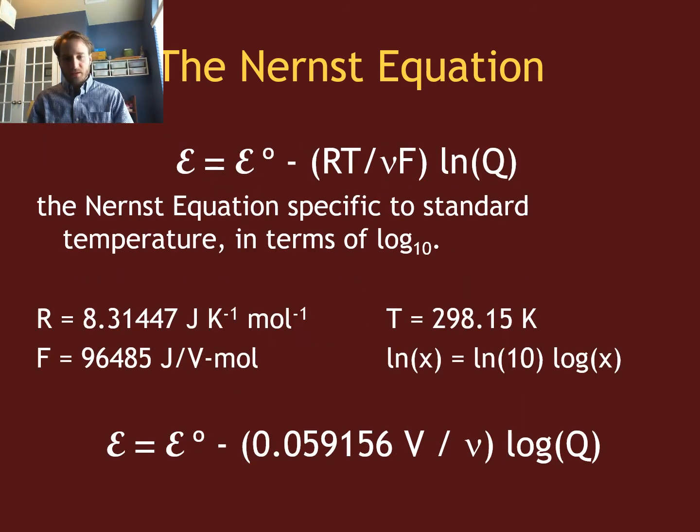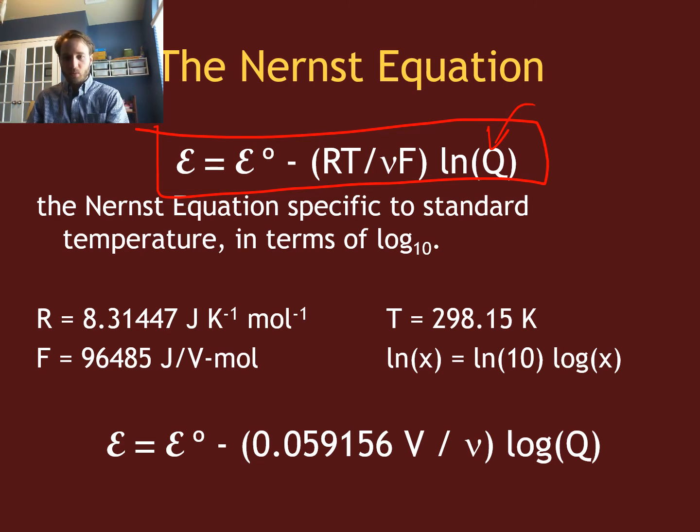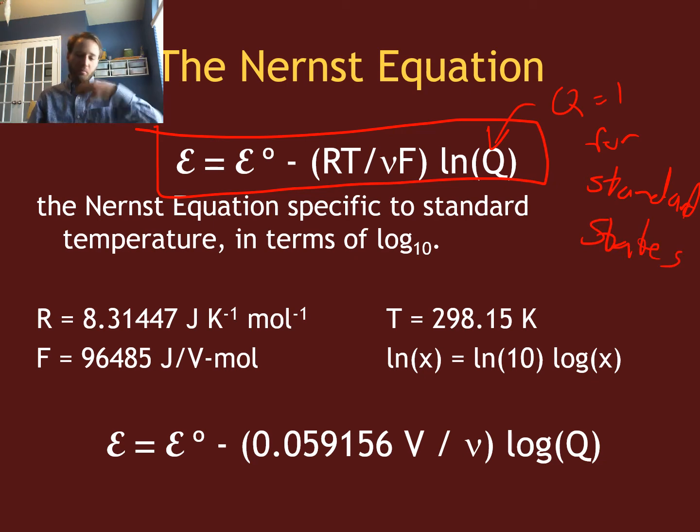And so that is the Nernst equation, this relationship between the cell potential at standard states and at non-standard states. Q here is for when we're at non-standard states. Q equals 1 for standard states, because at standard states the pressures and concentrations are all 1, so that ratio of products over reactants has to equal 1.